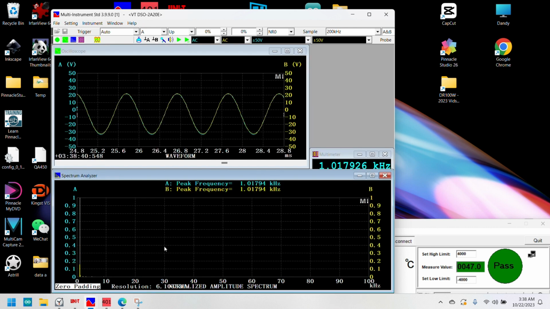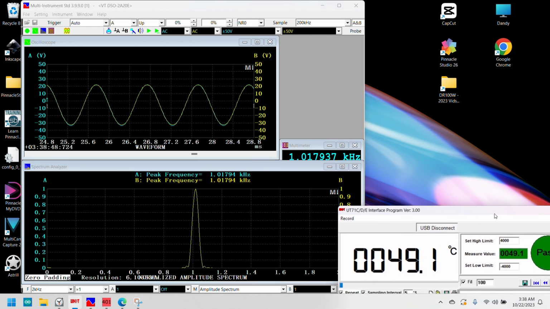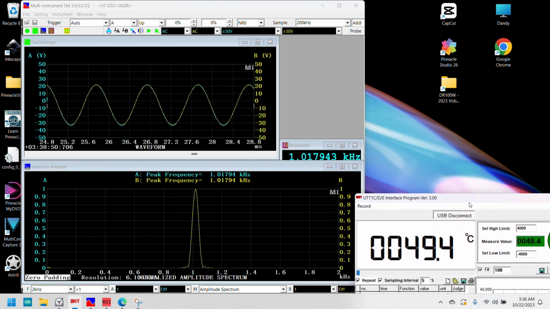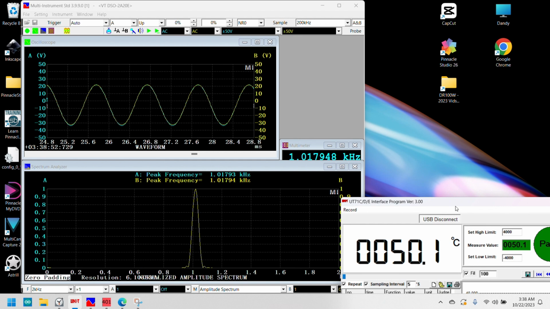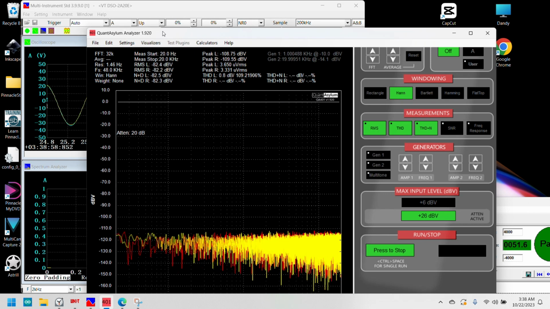What is going on right now? I'm going to change the spectrum again to 2 kilohertz. Now you can see that the temperature right now is increasing, going up to 50 degrees centigrade. And let's see what the QA401 shows right now.